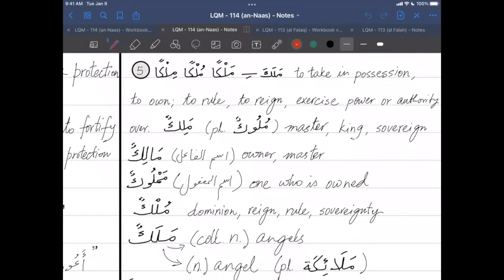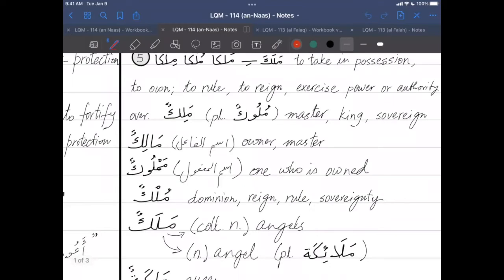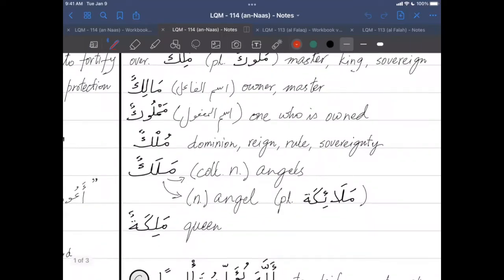And then the word malakun, with a fatha on mim and lam, is used both as a collective noun, in which case malakun itself means angels, or as a regular noun with a plural of malaika. The regular noun malak will be angel and malaika will be plural. And another interesting word from this is malikatun, which is queen, again from the same root.